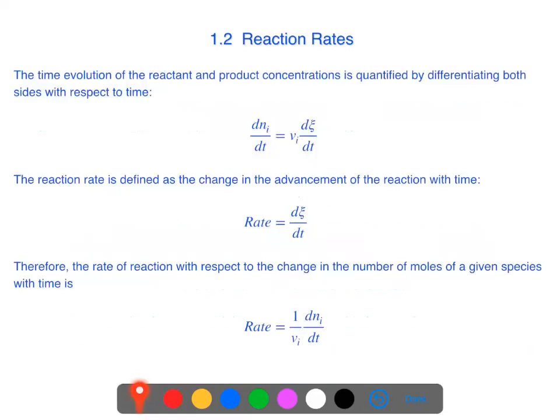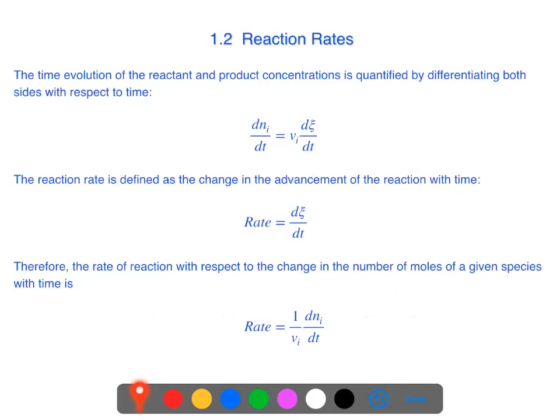Now, the time evolution of the reactant and product concentrations is quantified by differentiating both sides with respect to time. As you see now, we introduce a derivative for that change in the number of moles for a particular species with time.